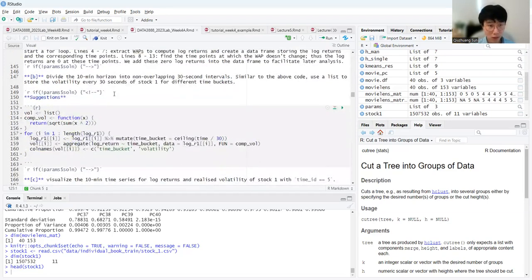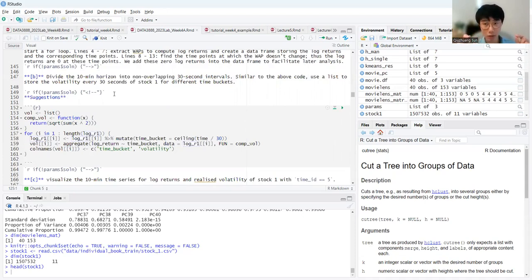With the log returns, I think now I can compute the realized volatility. Remember, the realized volatility is defined in a specific time interval. So in this lab, we'll look at the realized volatility within each non-overlapping 30-second time interval. Remember, for each stock, we have multiple 10-minute time buckets. So for each 10-minute bucket, I divide it into non-overlapping 30-second time intervals.